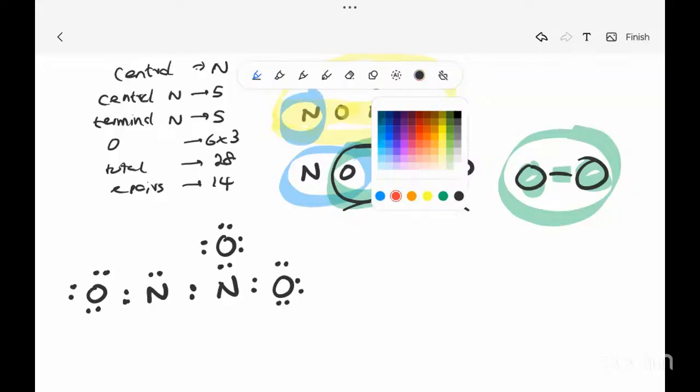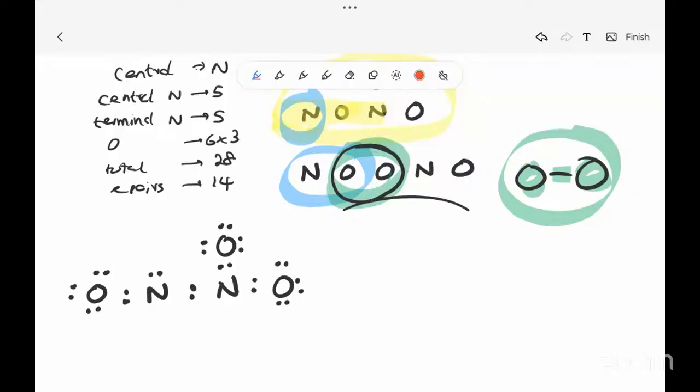So here, oxygen is -1, there is no issue. Now this nitrogen, we have placed 1, 2, and 3, so that is +2. For this nitrogen, 2, 3, and 4, here this is +1. That is the issue that I made.